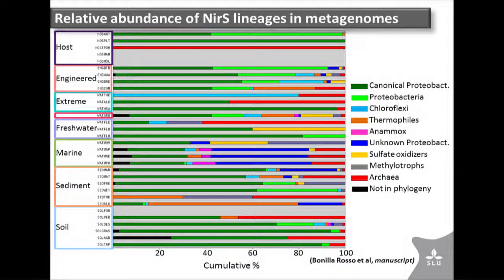I can also point out that in agricultural soils we have a quite large fraction, more than 20% of the hits, that do not fit into the phylogeny as we know it. So these are unknowns that come up in the metagenomes. And we also see that in many of the different habitats archaea seem to play an important role, and there's very little done on the importance of archaea in terms of denitrification.